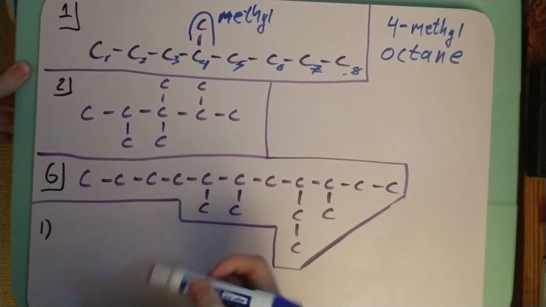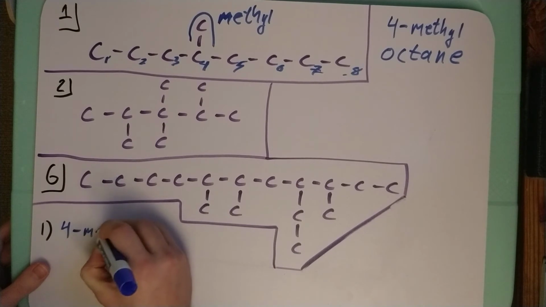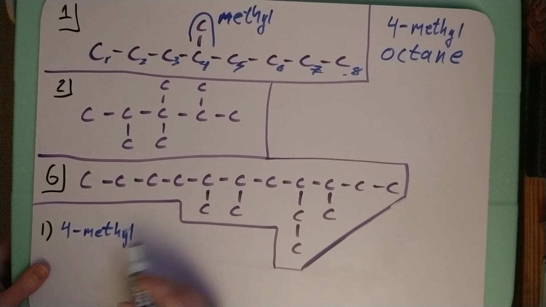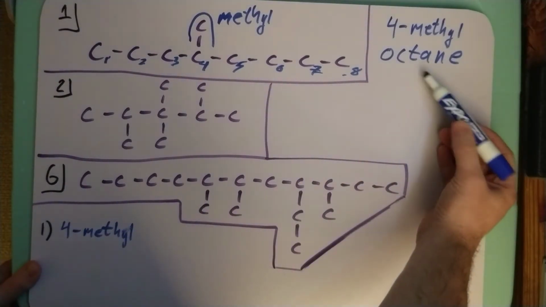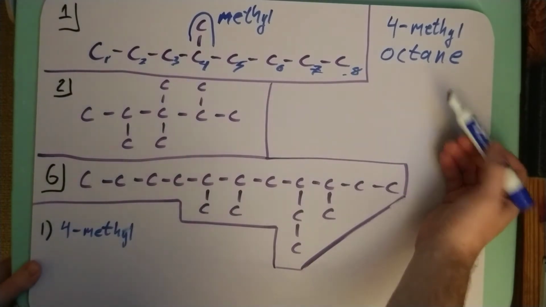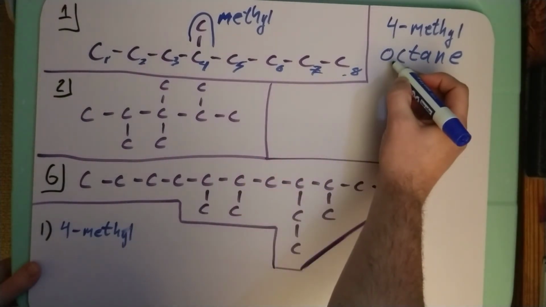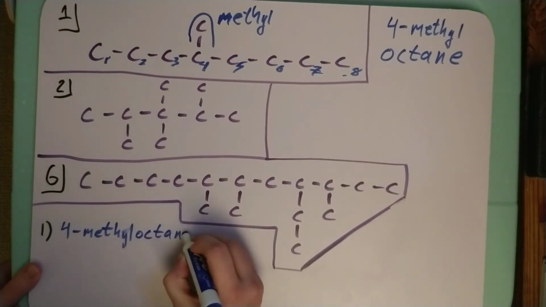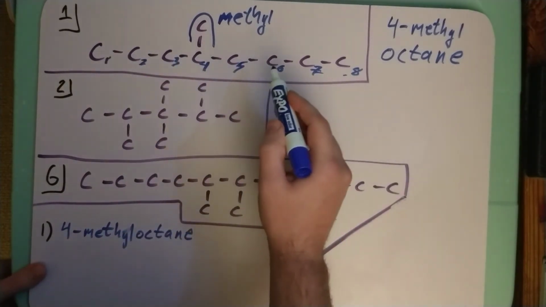So 4-methyl goes at the beginning. And then we put our parent, since we've listed all of our branches already, which is octane. Now, there is no space between the L in methyl and the O in octane. So this would be 4-methyloctane.